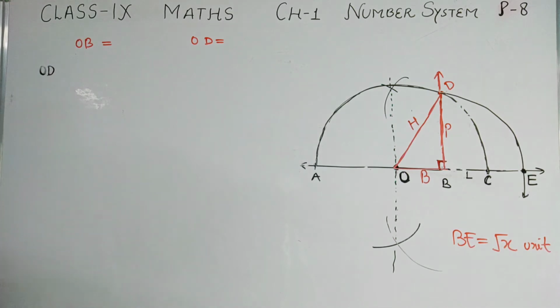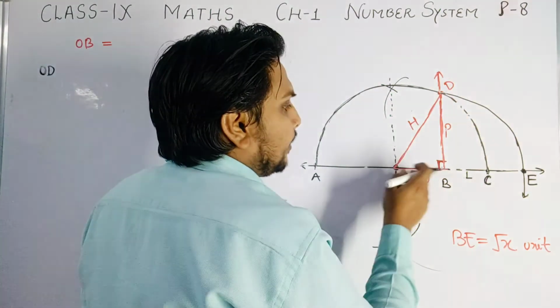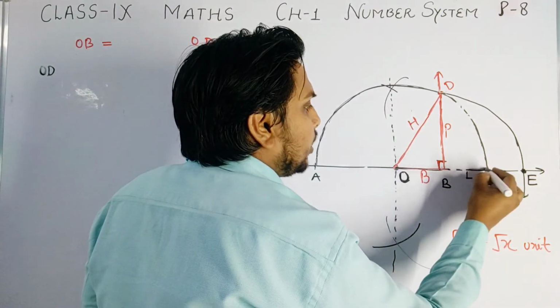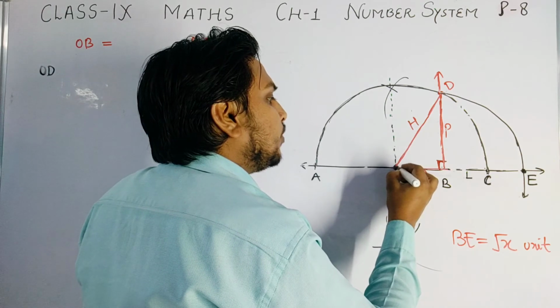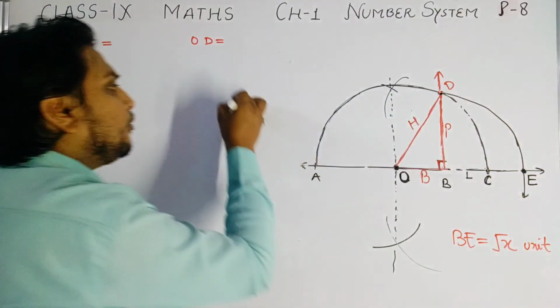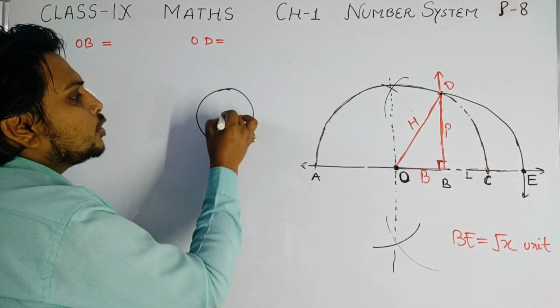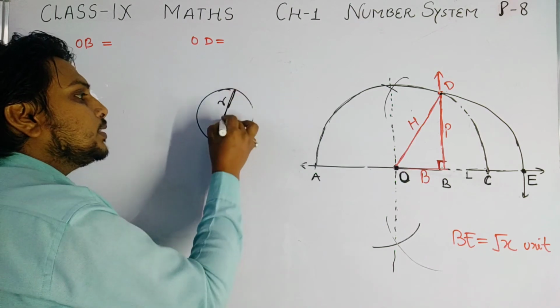OD is what? As you can see, OD will be equal to OC or OA. Why? Because it is the length from the center to any point of the circle. If there is a circle, from the center to any point of the circle, this is the radius.